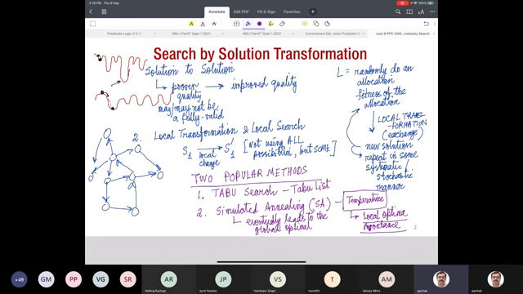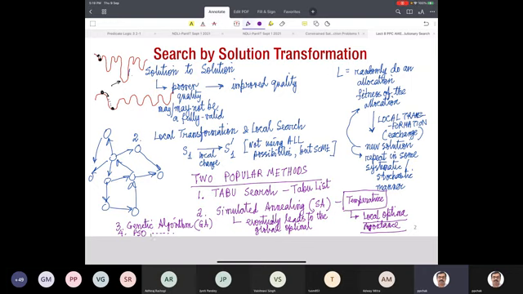The third and probably the most popular method of solution transformation is the genetic algorithm, which we shall discuss in more detail. And the fourth and fifth are many. There are particle swarm optimization, etc. All of them are for very, very complex optimization.